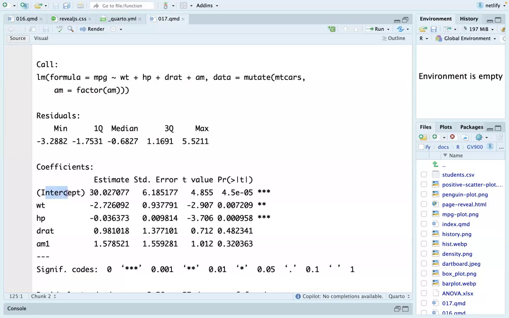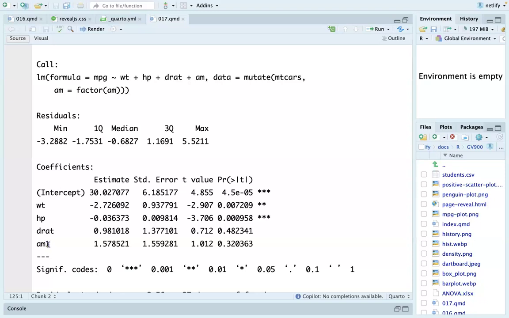The intercept is a constant part, and this is weight. So the first column lists the factors, the independent variables. Here we have 4: weight, horsepower, drat, and transmission.